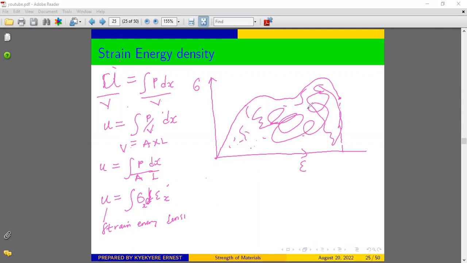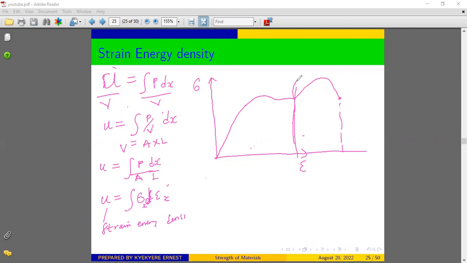So with this strain energy, because at this point the material would have deformed permanently, it means that when the force or the load is removed from the object, let's take it that even before it fails, let's come to this point, at the point of yielding. So this will be the strain energy up to the point of yielding.